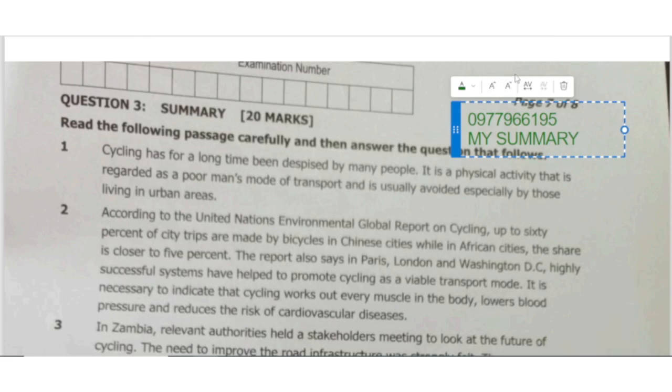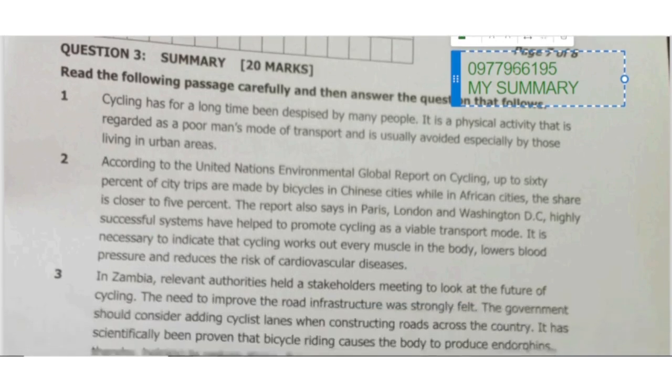Okay, so let's start by reading paragraph 1. Cycling has been for a long time despised by many people. It is a physical activity that is regarded as a poor man's mode of transport, and it is usually avoided, especially by those living in urban areas.